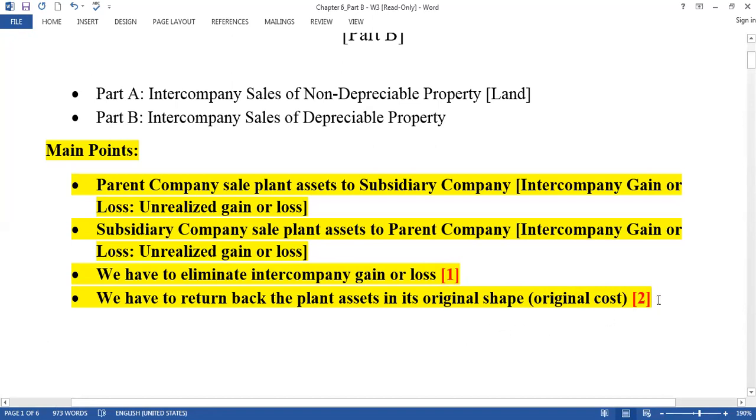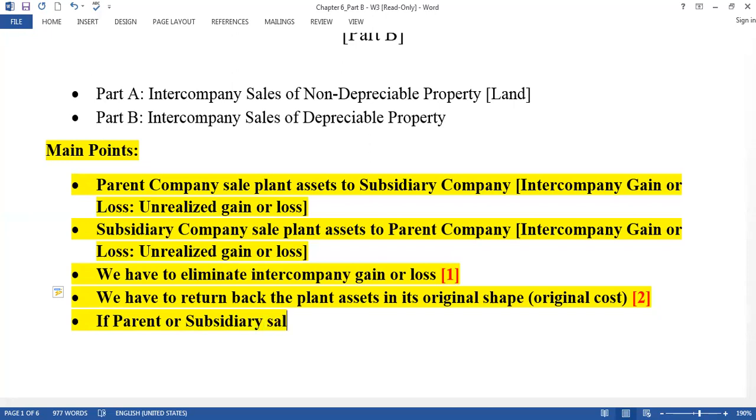Then another important point: if the parent or subsidiary sells plant asset to a third party, in this situation we have realized gain or loss.